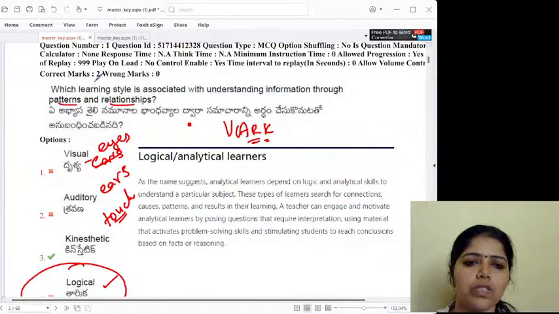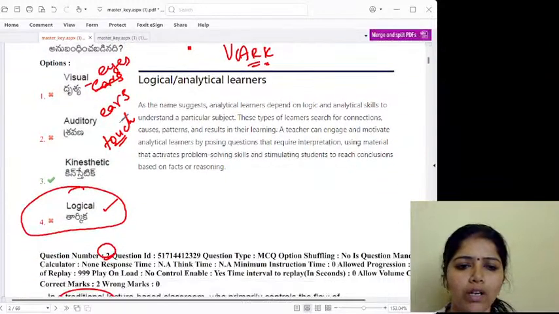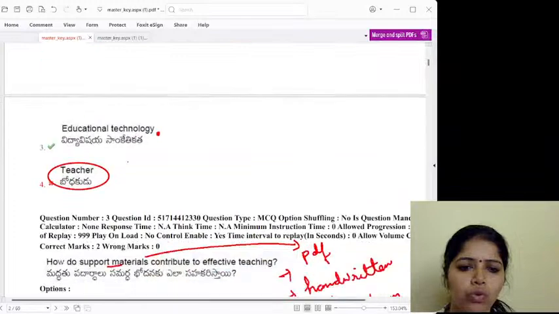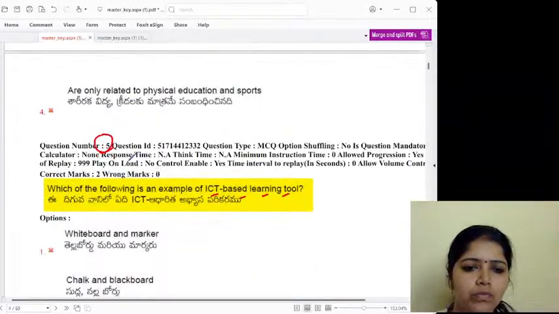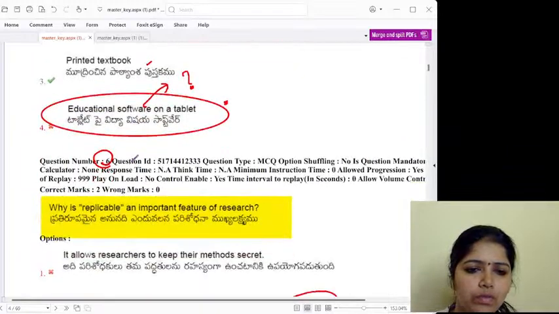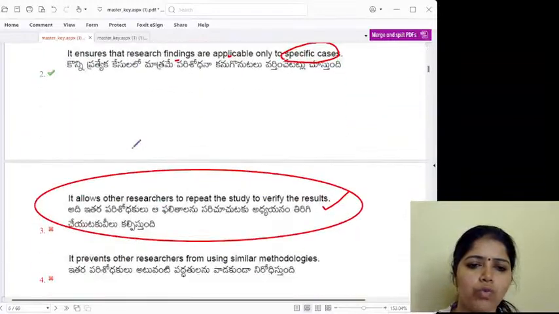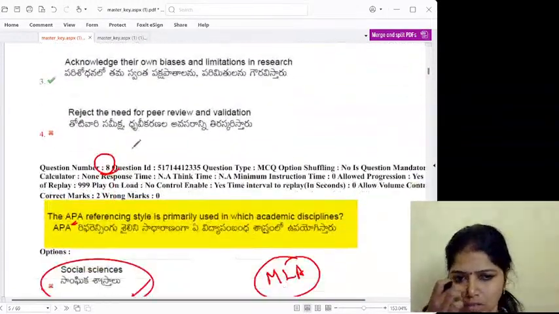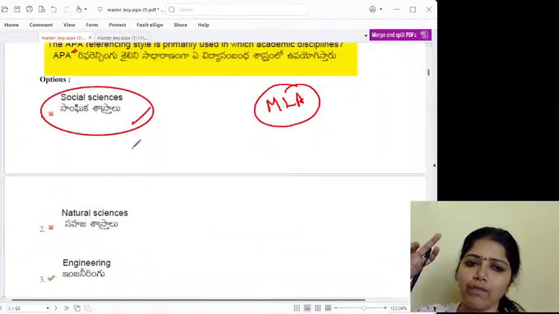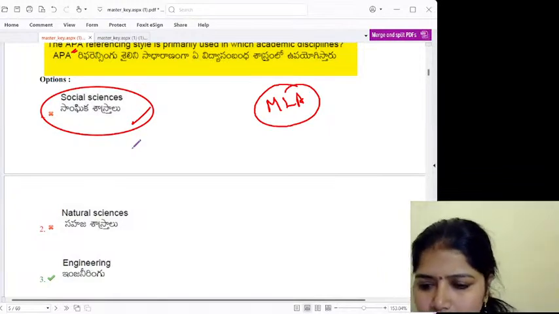So these are all the questions that we can challenge: 1, 2, 5, 6, 7, 8, and that 43 and that 50 question.